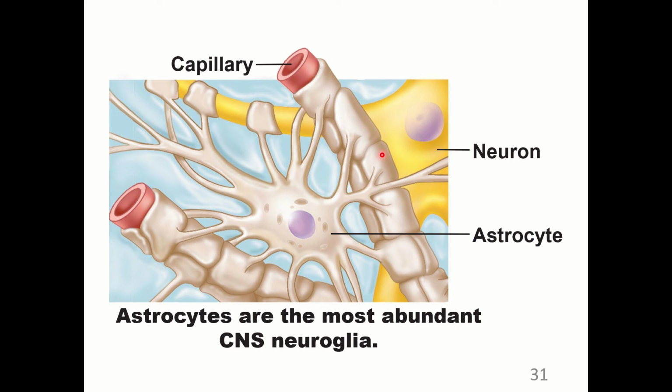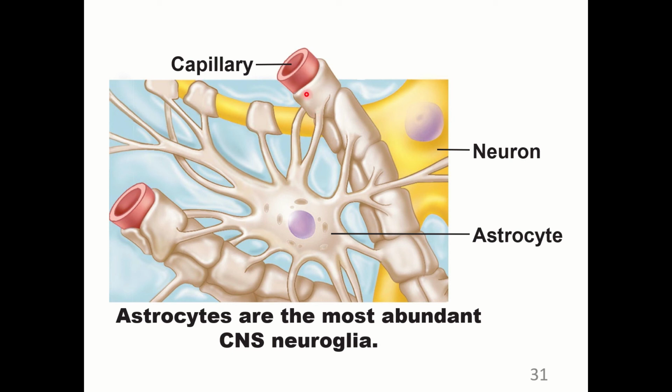Here we see the astrocyte forming the blood-brain barrier, and it does this by wrapping its cell membrane around blood vessel capillaries. This regulates the flow of nutrients and gases from the bloodstream towards the neurons. And you can see that the astrocyte is also connected to the neuron.